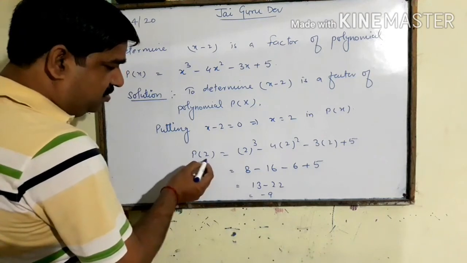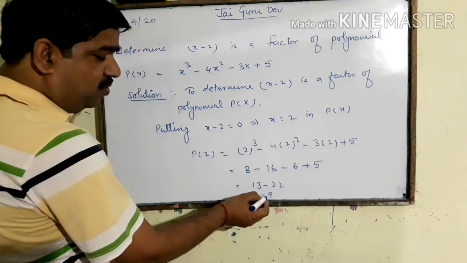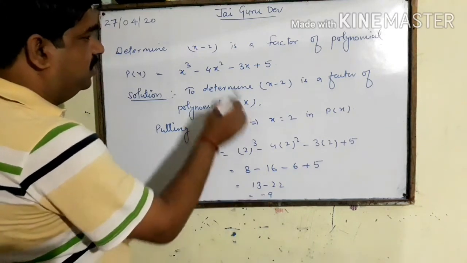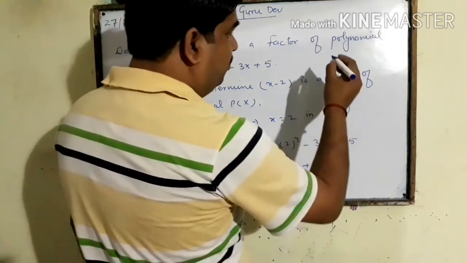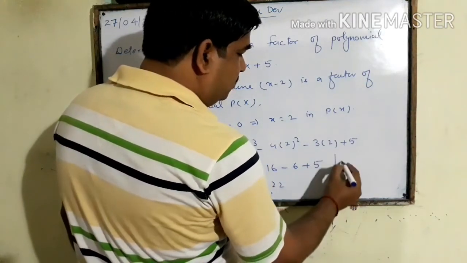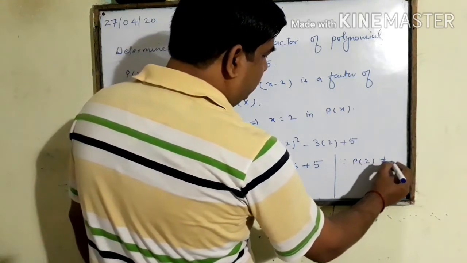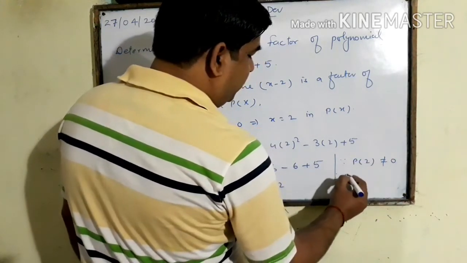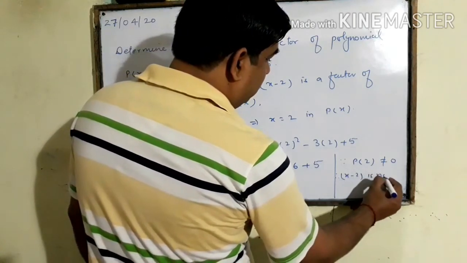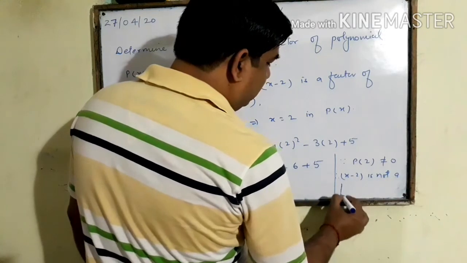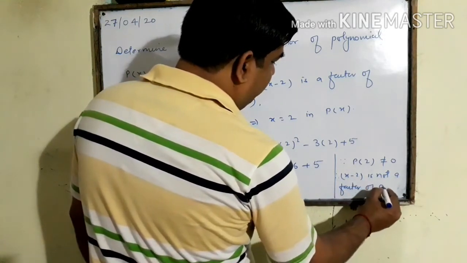Since the value of the polynomial at this value is not equal to 0, the given expression is not a factor. So here we write: since p(2) is not equal to 0, x minus 2 is not a factor of p(x).